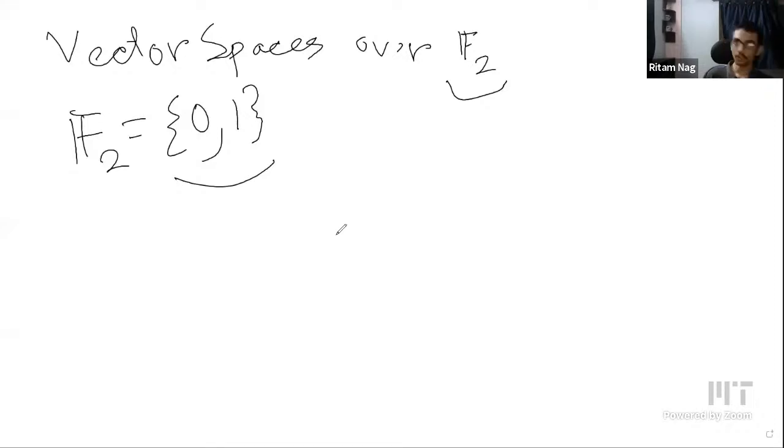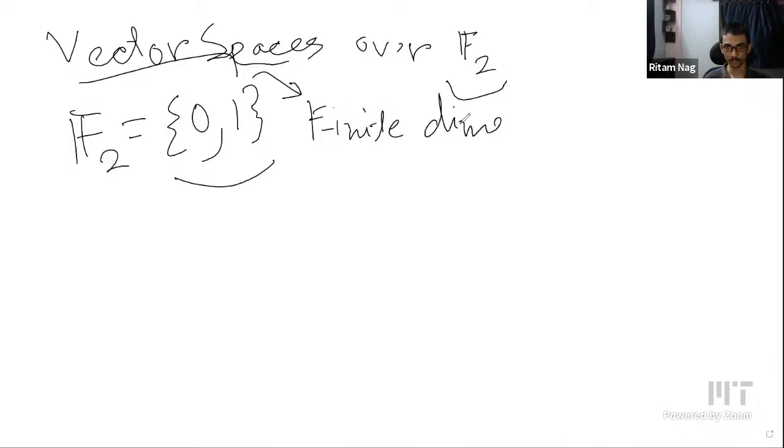So a vector space over F2. I'll come to the vector space part later. When I say vector space, I am only talking about finite dimensional vector spaces. A finite dimensional vector space over F2 can actually be thought of as a binary string.